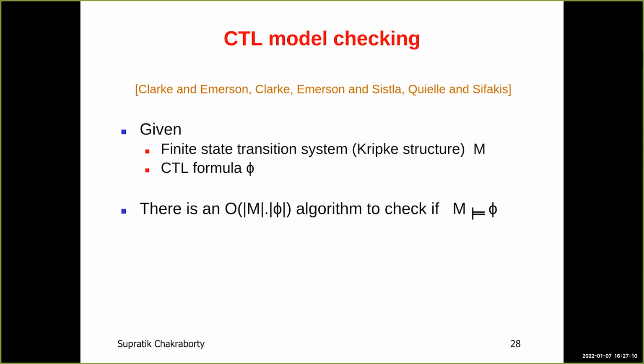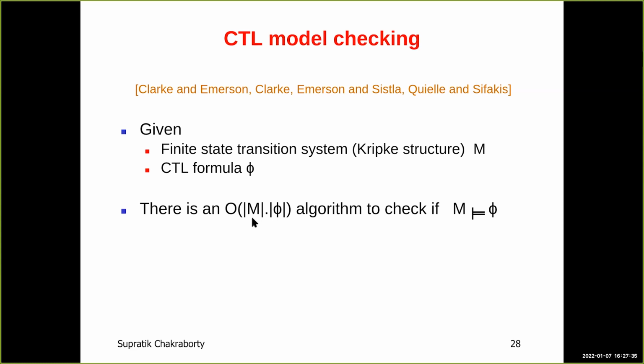It's a completely different matter that the state space of the circuit is 2 raised to 100, because I never need to represent that 2 raised to 100 states transition diagram when I'm trying to design that circuit. So really what we would like to do is to say that, if you give me a circuit, and if that circuit is of manageable size, then can I check this? Does the state transition system represented by that circuit satisfy the given formula?